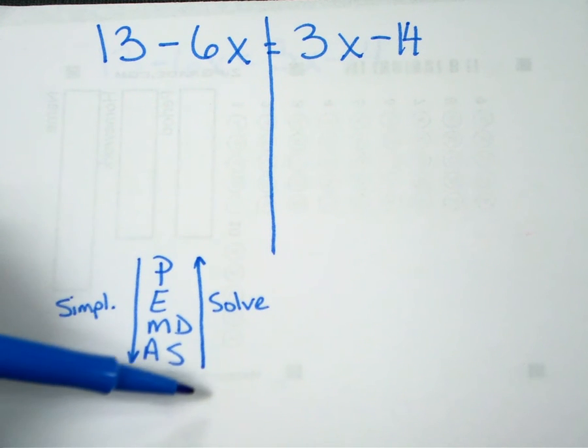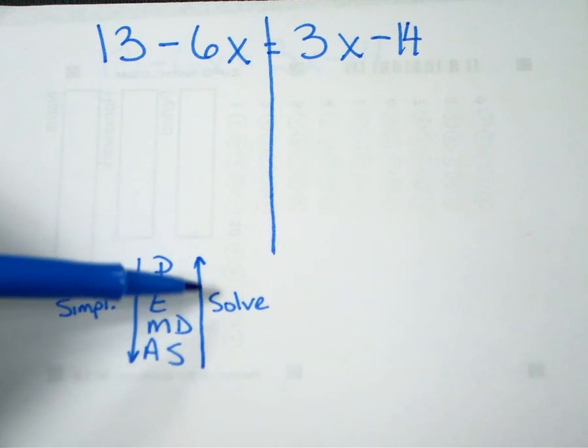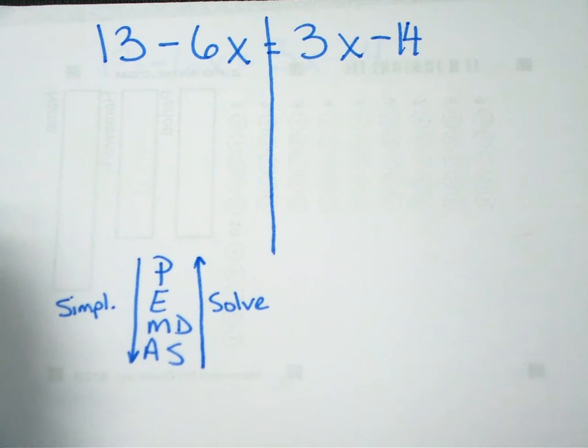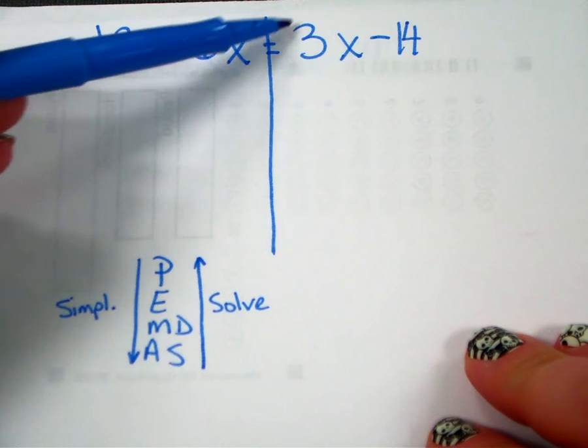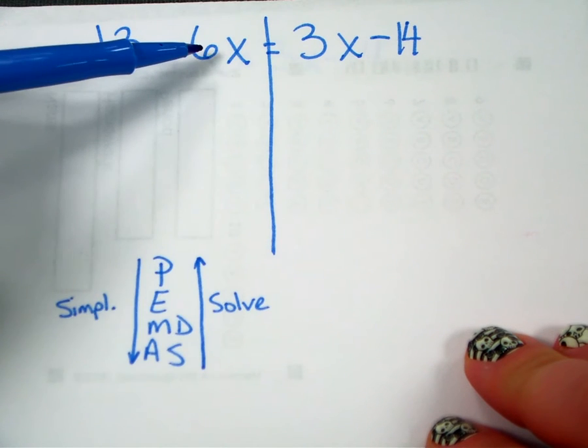Second, we're going to work our way up to solve. But when we do that, our first step, with this more traditional approach, is to move the variables to one side of the equation. For ease and simplicity, I am going to choose to always move the variable to the left side of the equation. That means that this 3x needs to move to this side of the equation.